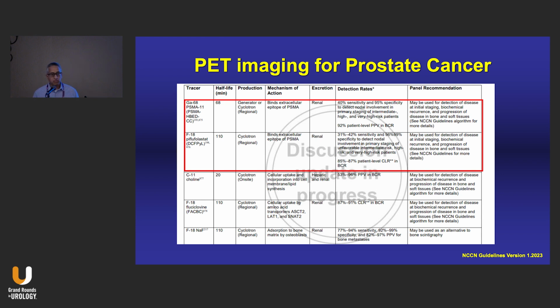The other important point is that when you look at the performance characteristics of gallium PSMA versus Pylarify, which is another PSMA compound, there's really no significant difference in performance characteristics. So the NCCN panel did not distinguish between using agent A or using agent B when you're incorporating it as part of your treatment algorithm.